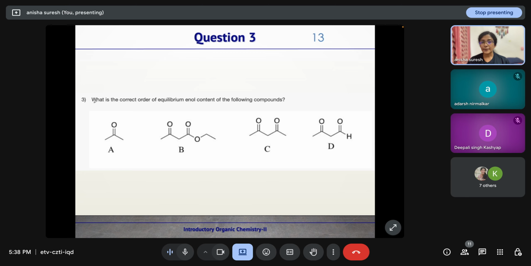Now coming to question number 3. What is the correct order of equilibrium enol content of the following compounds?